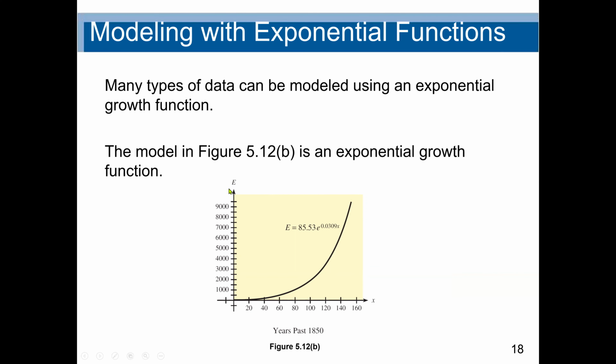And we have a vertical value, which gives us 85.53 e to the power 0.0309x. So this will be an exponential model of some phenomena based on number of years. As the years increase, we see an increase. This concept can be applied to a population.